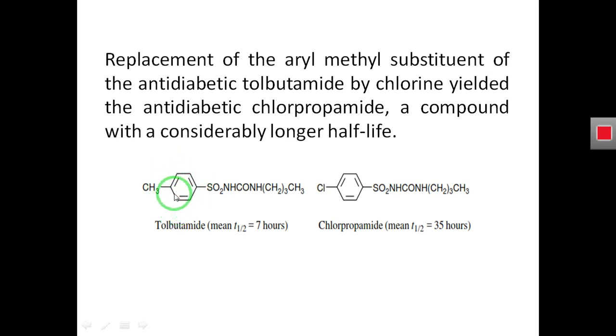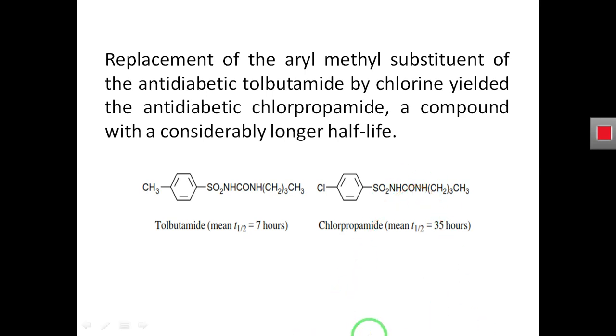So at this aryl structure, we remove the methyl group and add the chloride group. So this drug became chlorpropamide, although it has the same anti-diabetic activity. But by changing the functional group, we changed the half-life, we changed the duration of action of this drug.